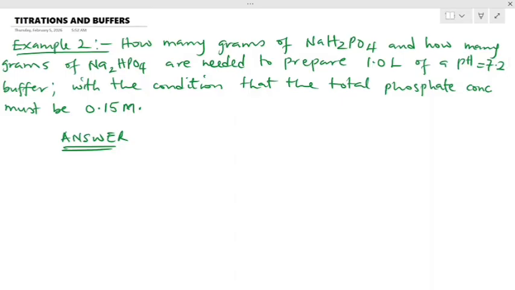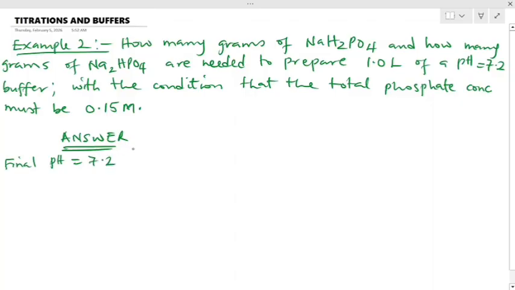That is clear from the question. And 1.0 liter of that buffer solution is what we intend to prepare. The buffer should have a final pH equal to 7.2.